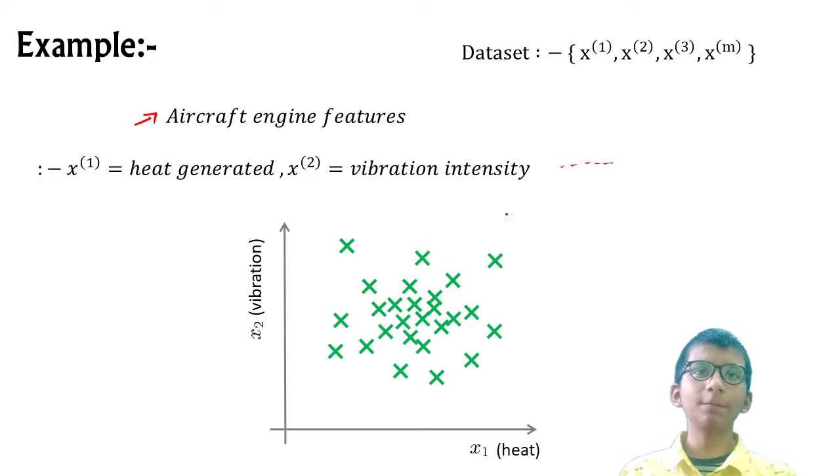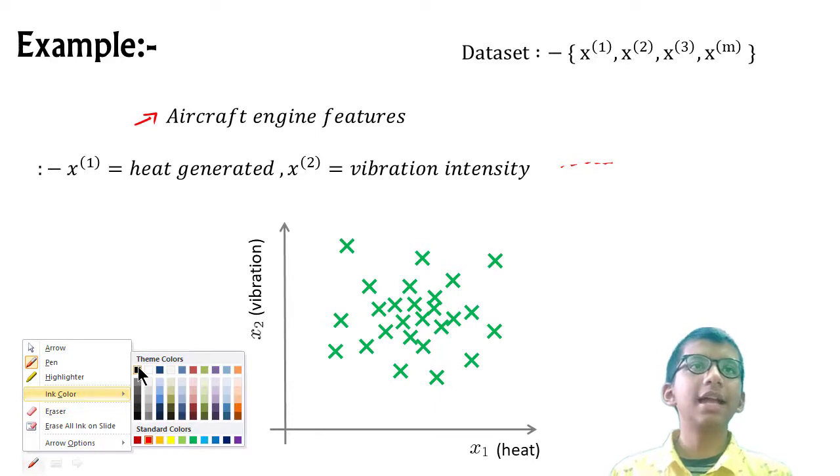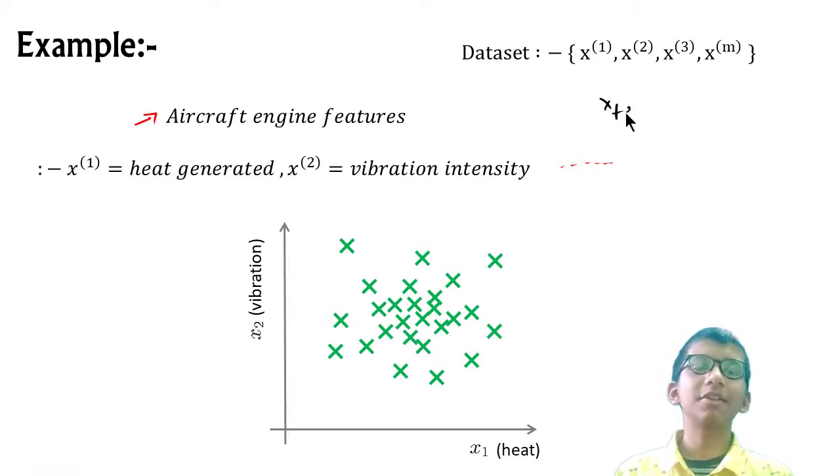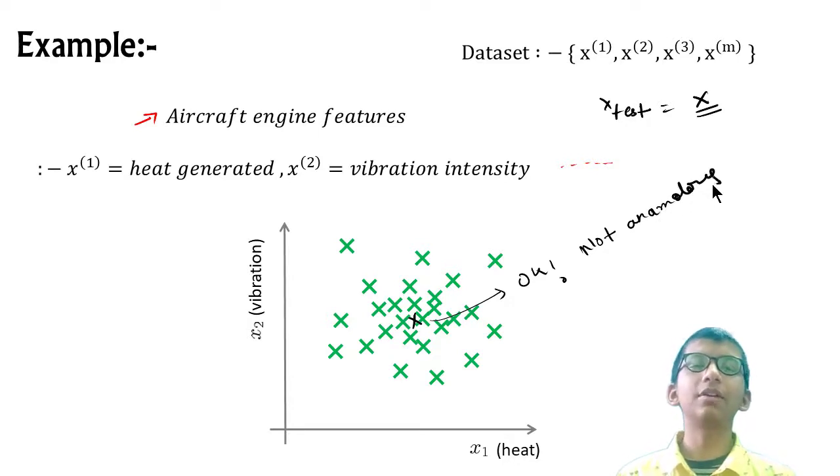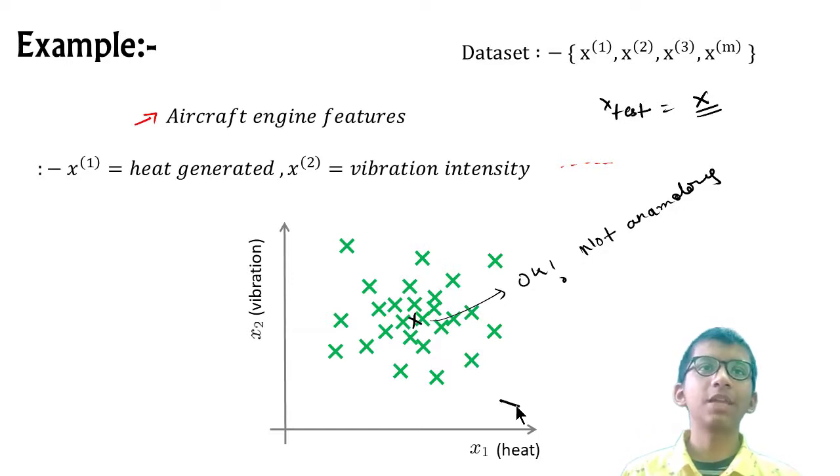Let's say we are given a new example, X test. If it is here, then this would be okay, or not anomalous. And if we have an outlier which is here, this is anomalous, because it does not uphold our threshold.